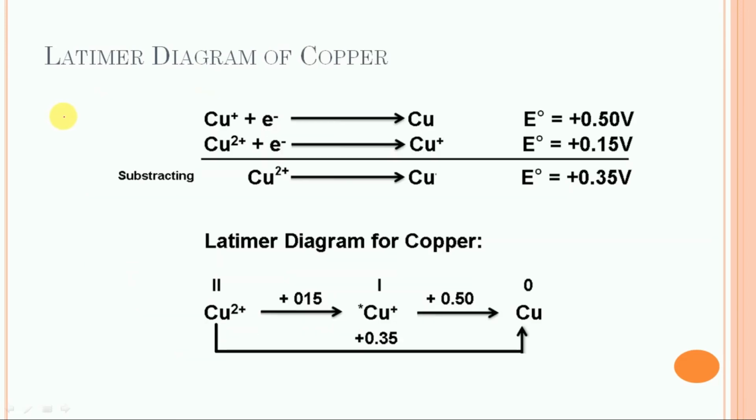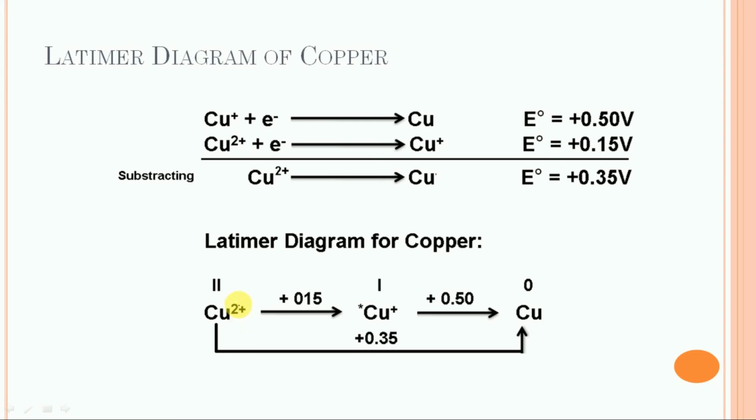Let us consider another common reduction potential diagram, for copper in acidic solution. In this case, the potential and the energy released when copper 2 positive is reduced to copper positive are both very small, and therefore copper 2 positive is not an oxidizing agent, but it is stable.